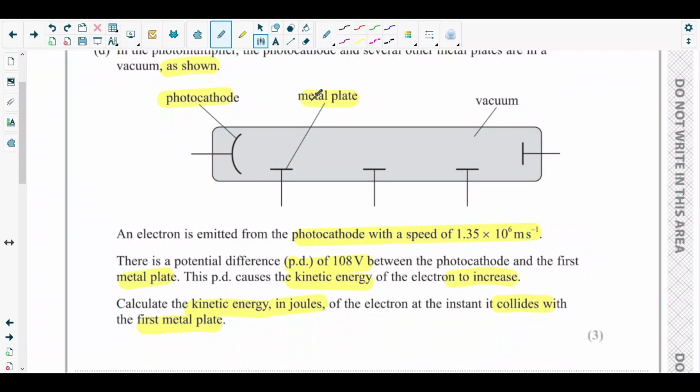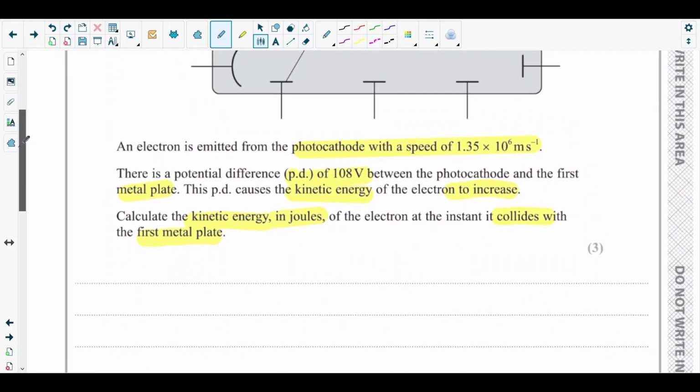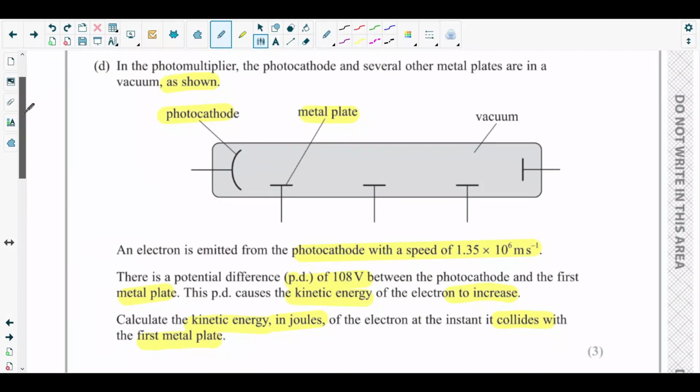Since the electron will be accelerated by this potential difference, the electron will gain energy.